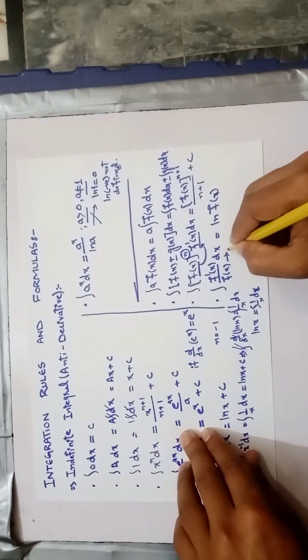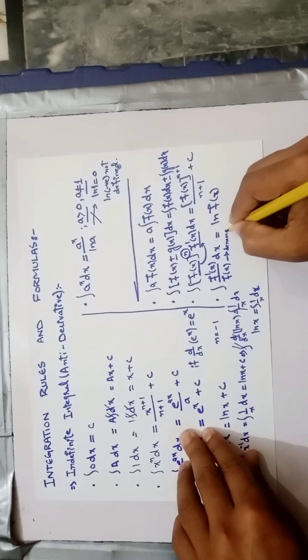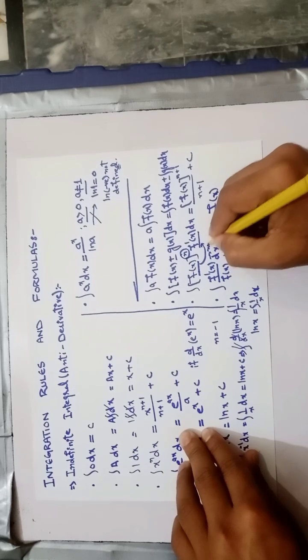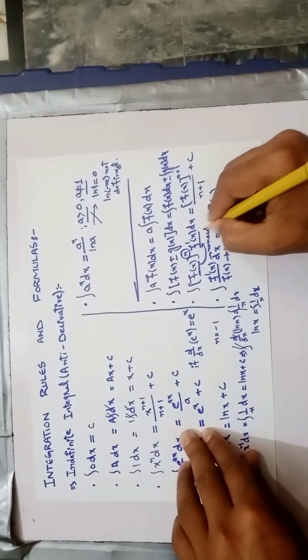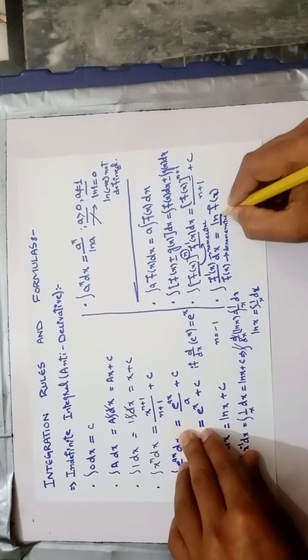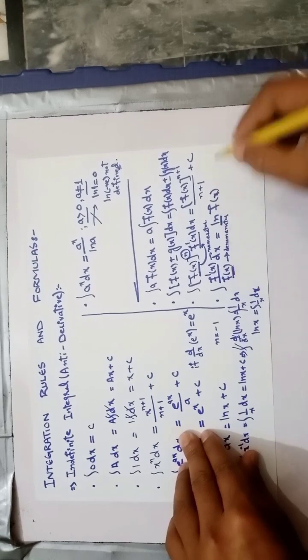If there is a function in the denominator and its derivative in the numerator, the answer is the natural log of the same function f(x) which is in the denominator.